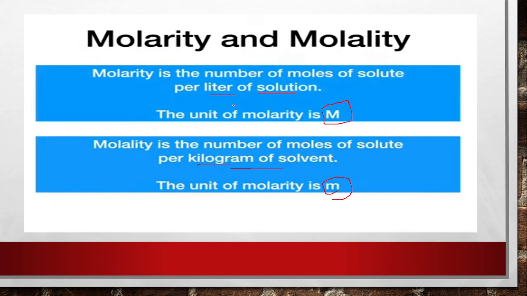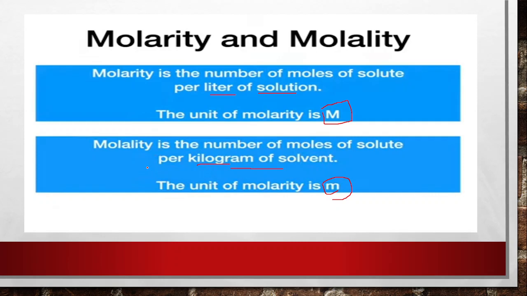So in the first case, you have to calculate the volume and then look at the number of moles of solute in that volume, whereas in the second case you have to calculate the kilograms of solvent.